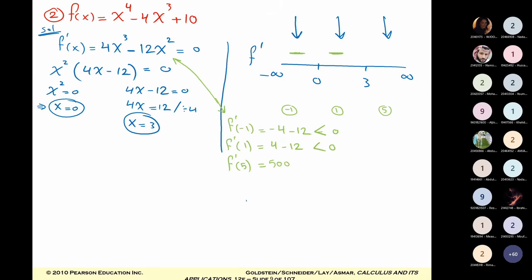And we have 12 multiplied by 5 squared, so 12 multiplied by 25, which is 300. So 500 is greater than 300, so this is positive. So the function is decreasing, decreasing, and increasing. Any question until now?